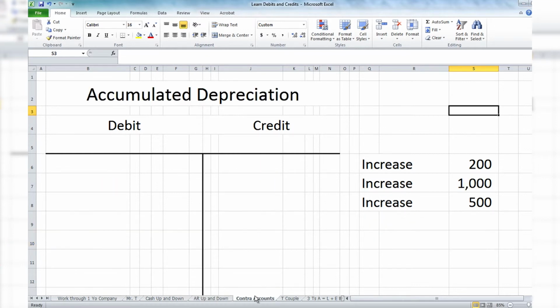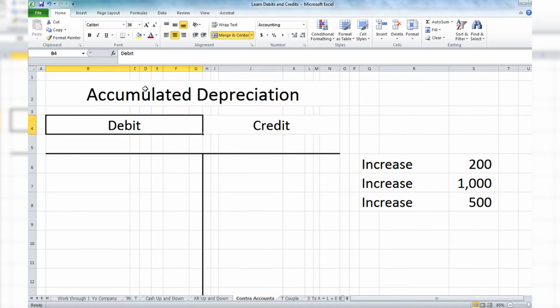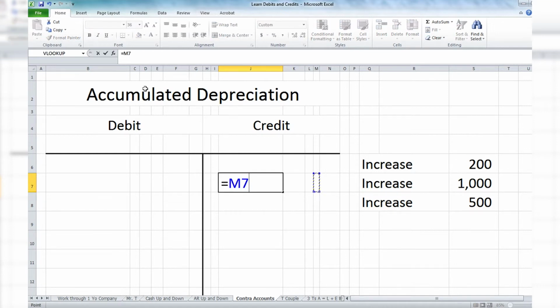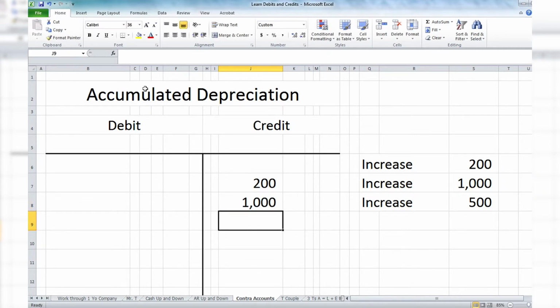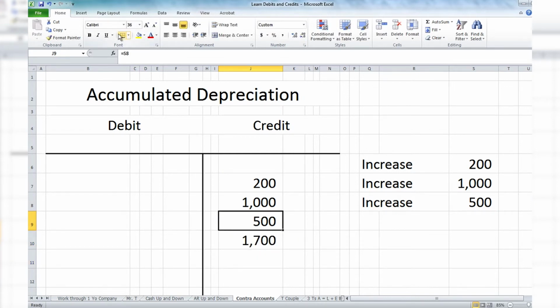Now, contra accounts, such as accumulated depreciation or allowance for doubtful accounts, are a flip. Very confusing. In order for contra accounts, we must credit to increase. Precisely the opposite. So I'm just going to credit, credit, credit. When starting out, don't worry about contra accounts, but just know that they exist.